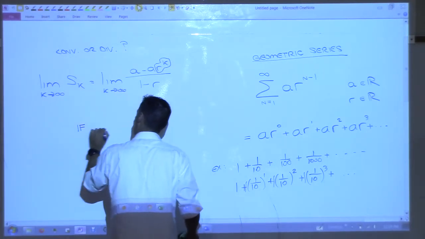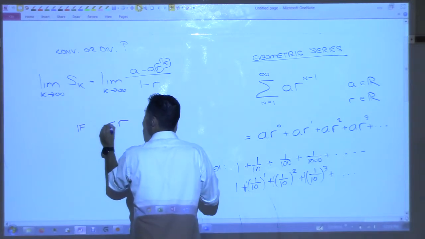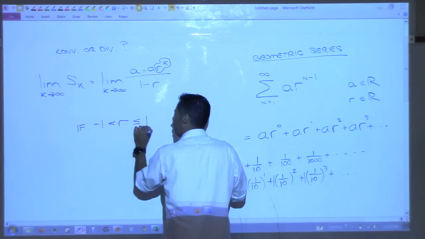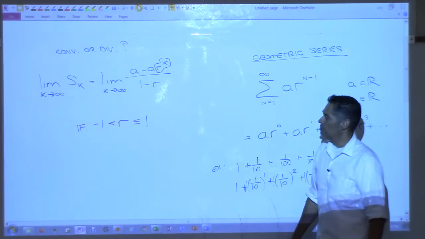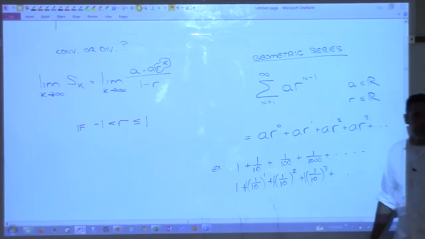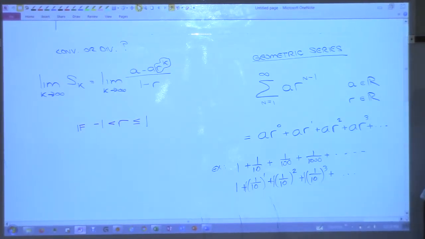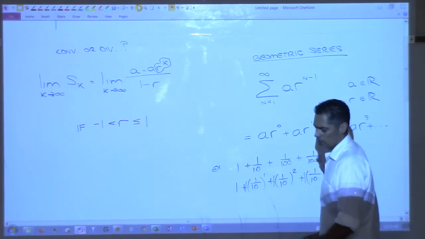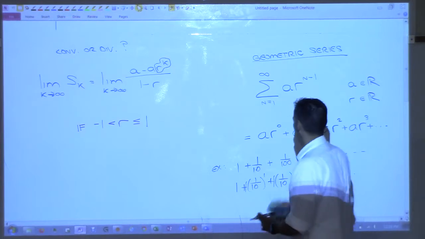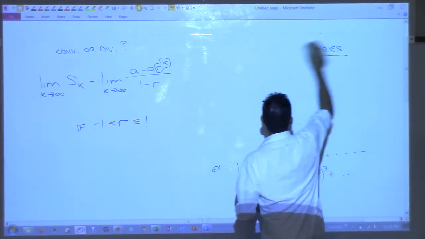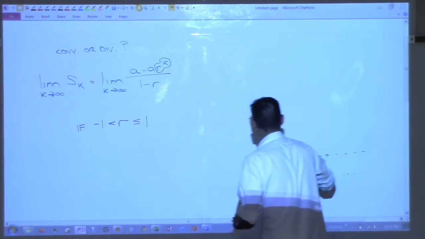So what we can determine here is that for this situation right here, if the r is here or here, what will it do? It converges. In fact, what did it converge to? You're going to have to look back on your notes from last time if you want any help with this.